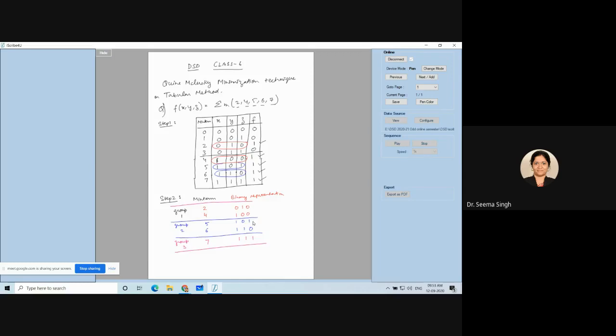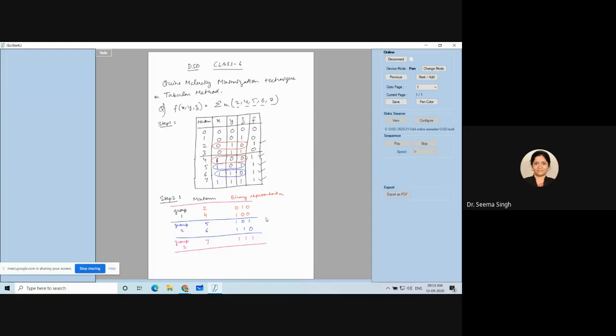That means this pairing is not possible. You saw that 2 to 5 is not possible.